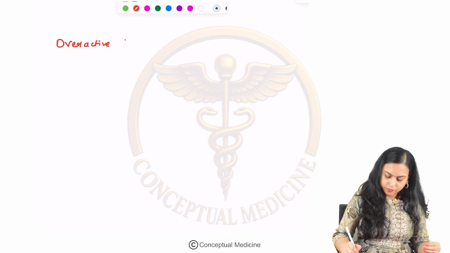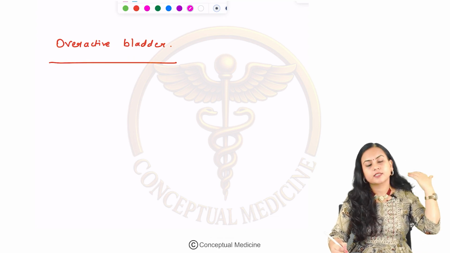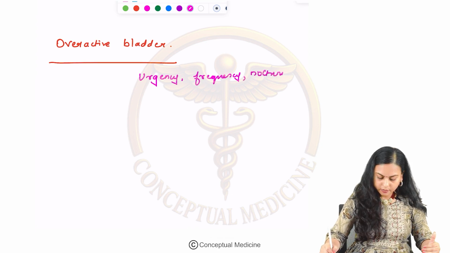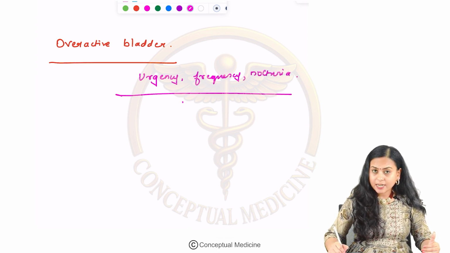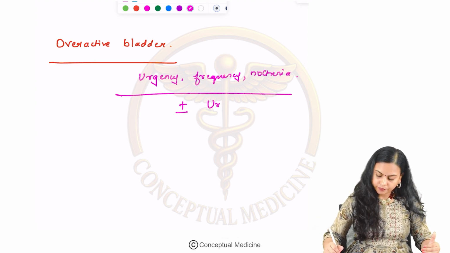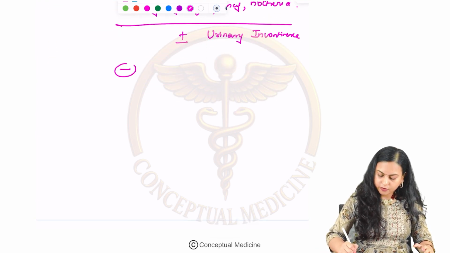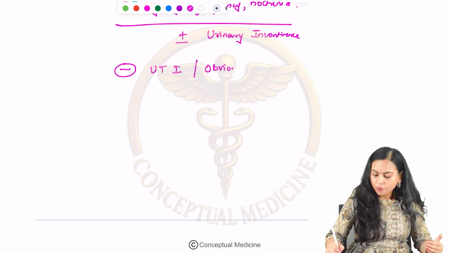Now let's discuss what is overactive bladder. Overactive bladder is a term, and it is considered a syndrome as well, where there is increased urgency, frequency or nocturia, but this can present with or without urinary incontinence, in the absence of urinary tract infection or any other obvious pathology.